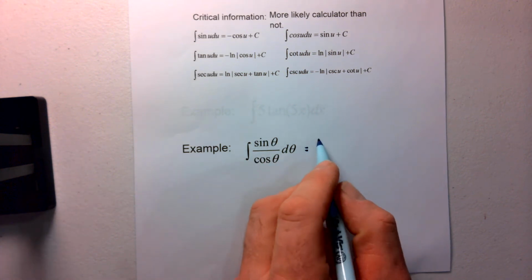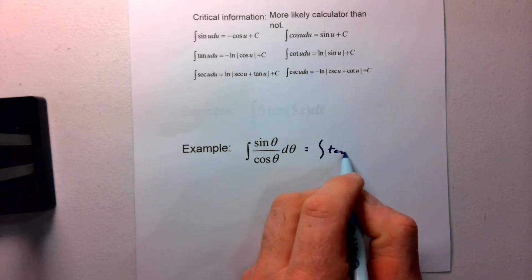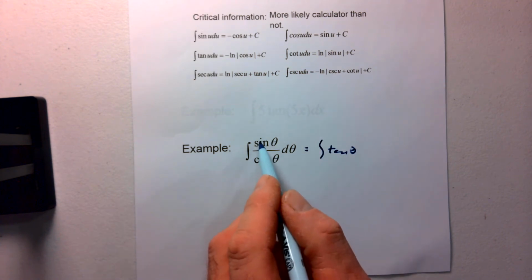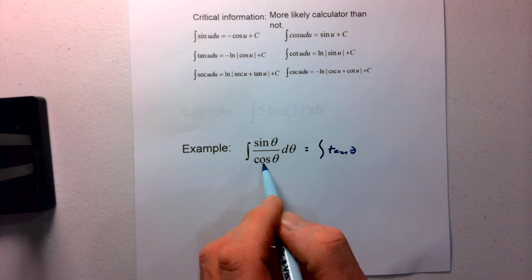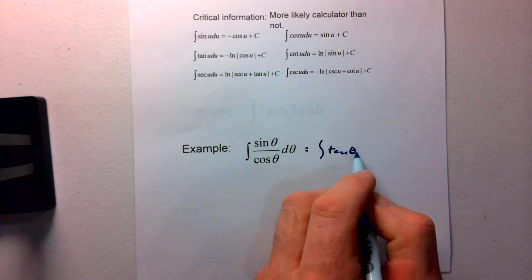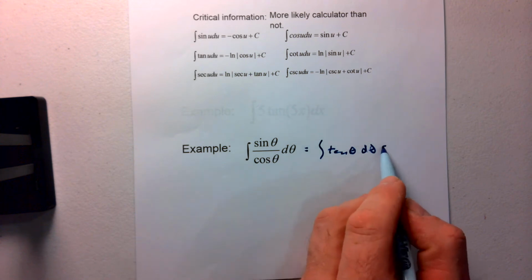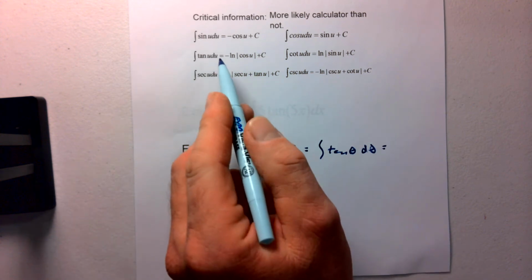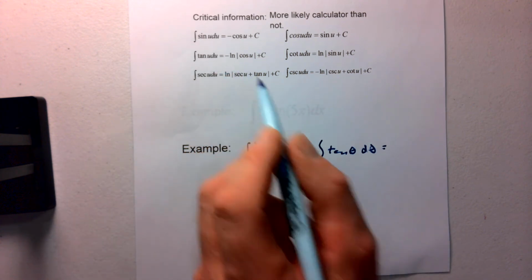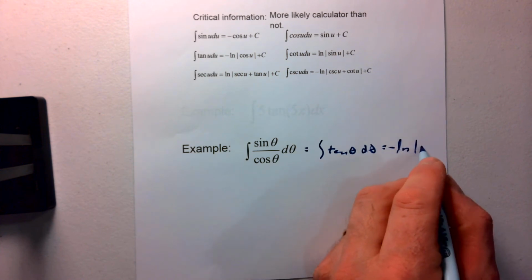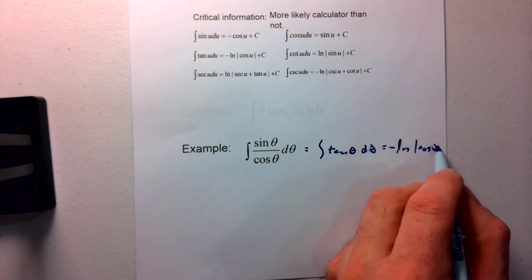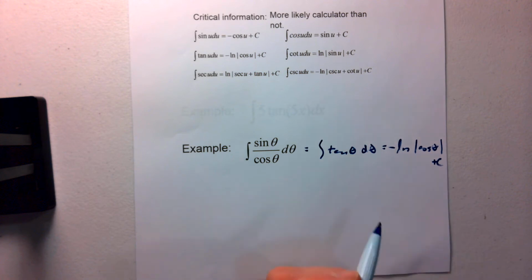I would expect most all of us to know that the sine of theta divided by cosine of theta simplifies to just the tangent of theta d theta. And the integration of tangent of theta from our list up here is going to be the negative natural log of the absolute value of the cosine of theta, plus our c, of course.